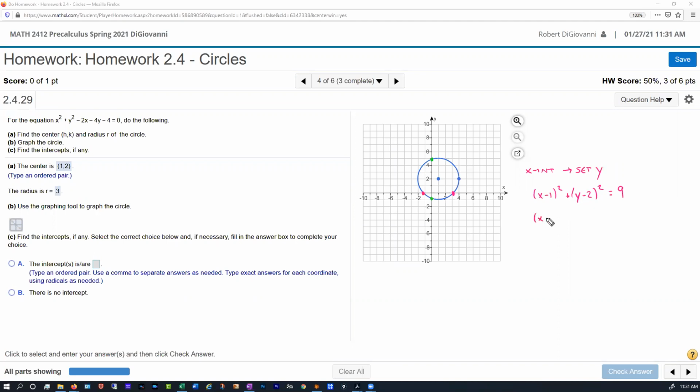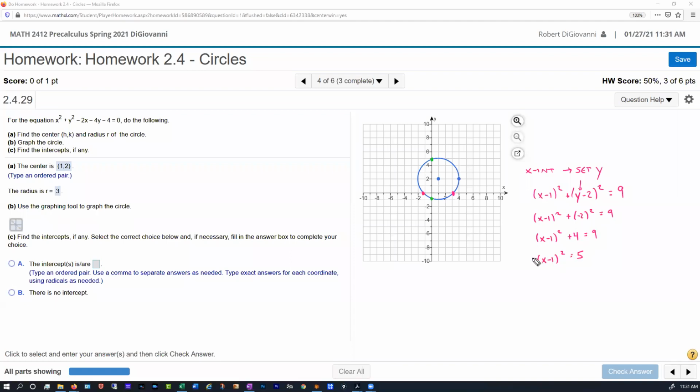If you replace this y with 0, you're going to get (x minus 1) squared plus (-2) squared equals 9. So then you have (x minus 1) squared, -2 squared is 4, equals 9. Now I'm going to subtract 4 from both sides. That gives me 5.